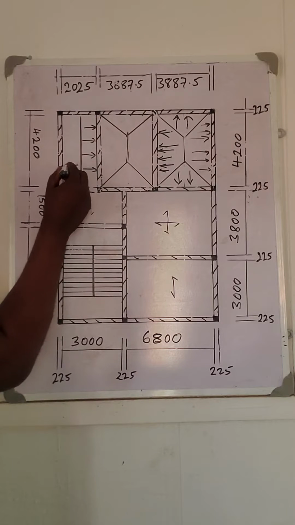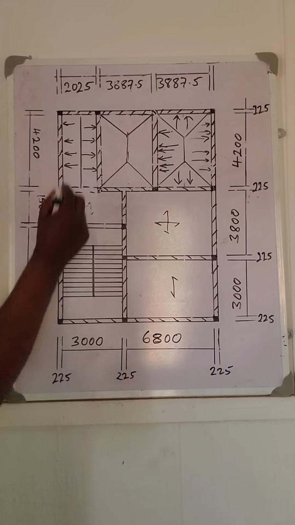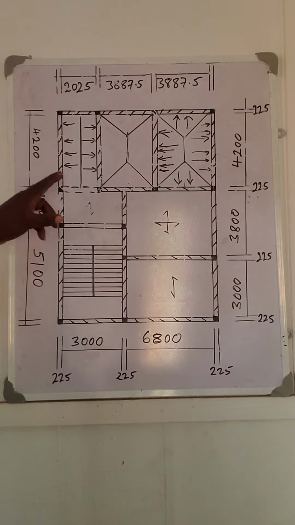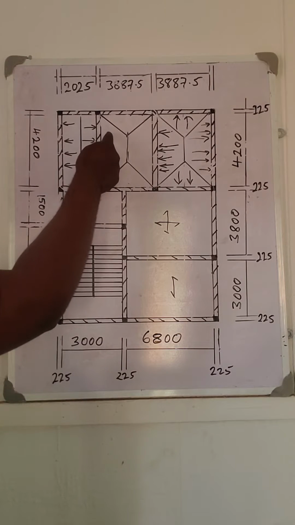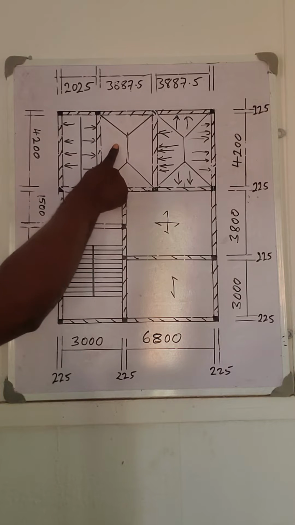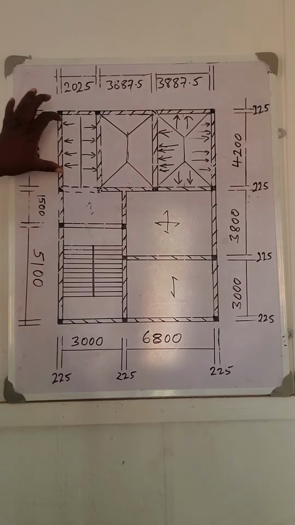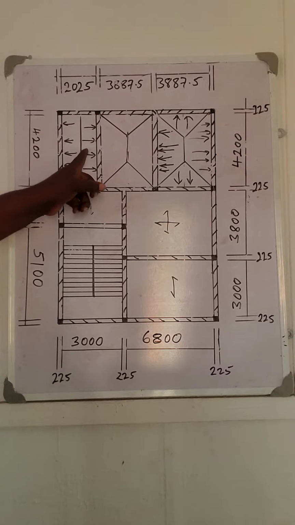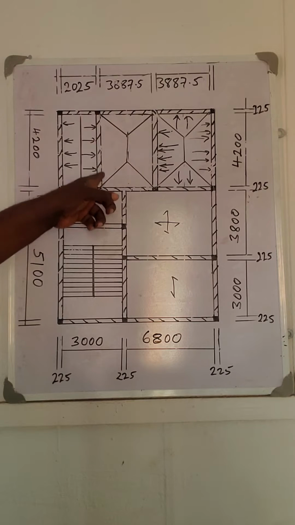So you can see that when you want to calculate the load transferring to this beam, we'll be talking about the formula here. The slab load will be divided into two to be added to this beam.